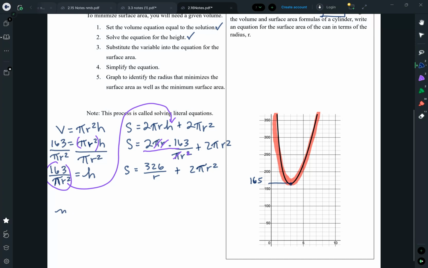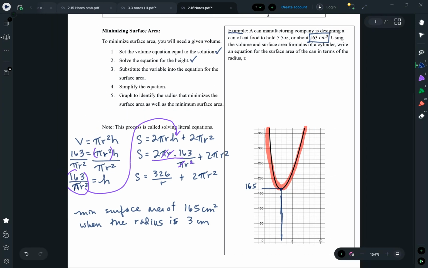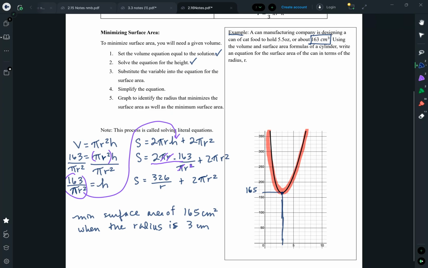So we ended up with a minimum surface area of 165 centimeters squared when, and remember this is a function of radius, so when the radius is, if I think about where this is on the x-axis, it's 3. So when the radius is 3 centimeters. So it looks like in order to minimize the surface area, use less materials when we're manufacturing to save money and the environment, we would need a radius of 3 centimeters.